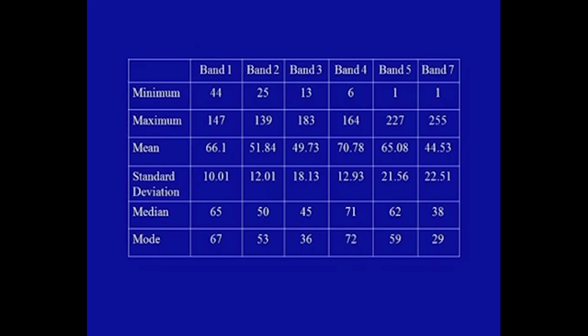The median is 65, 50, 45, 71, 62, 38, while mode is 67, 53, 36, 72, 59, 29 respectively. Having obtained these values through the software, now we have to interpret what actually these values provide us in terms of a qualitative measure of the quality of the data.